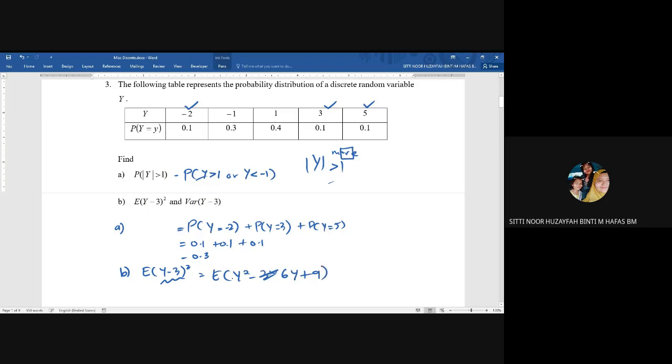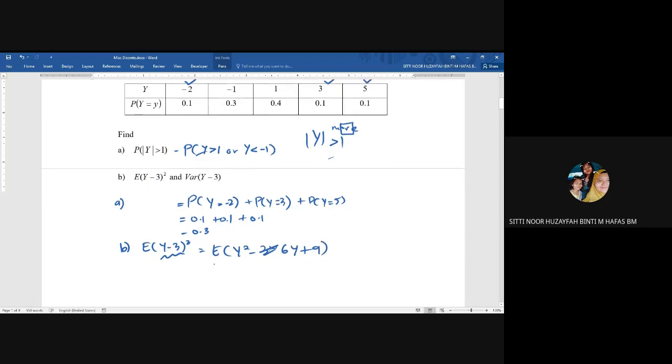Applying the properties of expected value, we get expected of y squared plus expected of negative 6y plus expected of 9. That means expected of y squared, minus 6 times expected of y, plus 9.